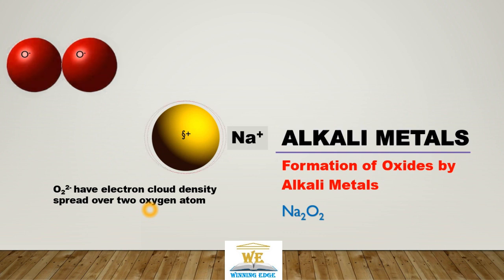What was distributed over a single atom of oxygen in case of Li2O, in Na2O2 or sodium peroxide, the same charge is distributed over two oxygen atoms. So relatively, this electron cloud density is lower in case of peroxide.